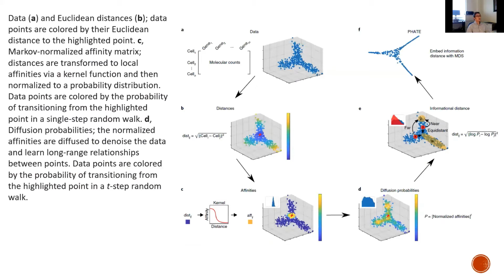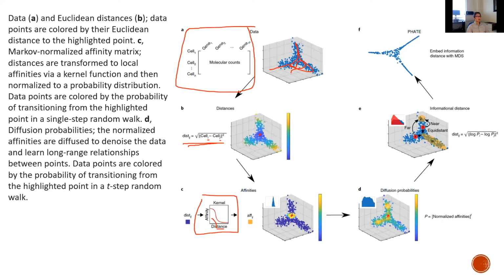So this illustrates the main steps. You have your input single-cell RNA-seq data, and they assume there is a very complex relationship among those data points. So this is the structure of the manifold. Then you start to compute the pairwise distance between all the cells, cell i to j, every pair. And then you use this kernel function to change your distance to affinity.